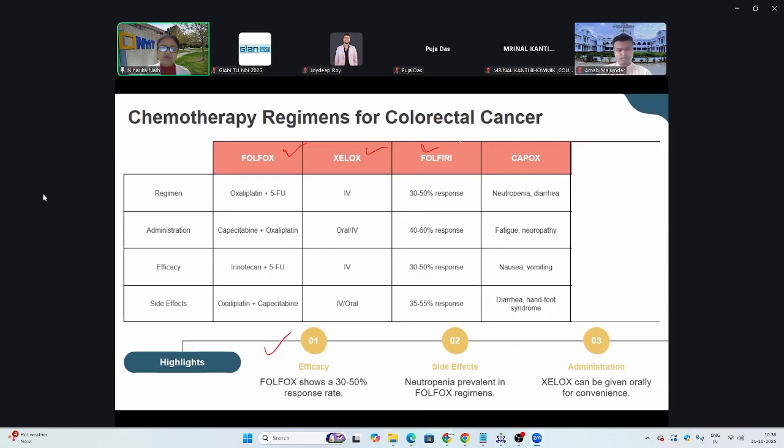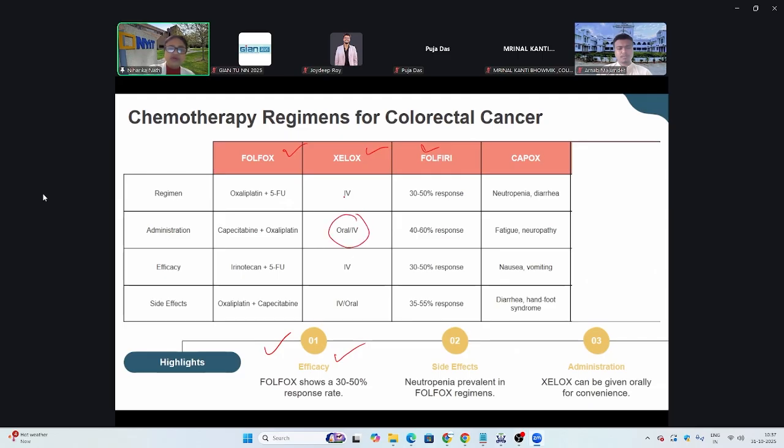And so, are they efficacious? What does efficacy mean? Efficacy means that the tumor has gone smaller. So if the tumor gets smaller, then that's a good sign. If it is possible to administer it orally, that's good.